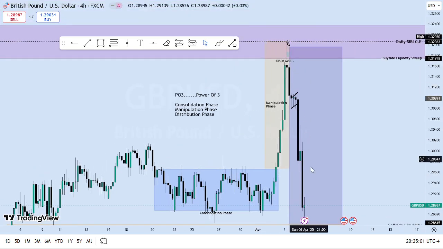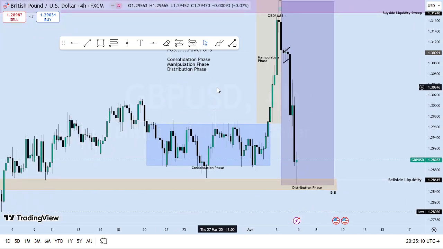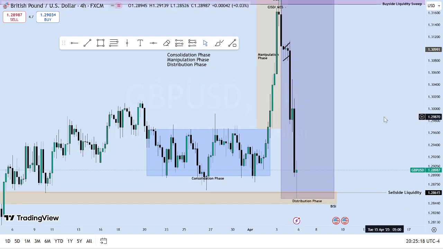Manipulation, then distribution. That's the power of three, PO3: consolidation phase, manipulation phase, distribution phase. So when you see a price action like this on your own chart or any asset, any pair you are trading, you always wait for a manipulation phase.